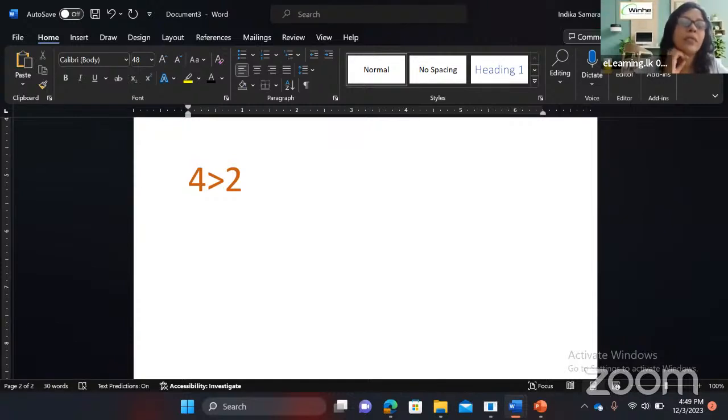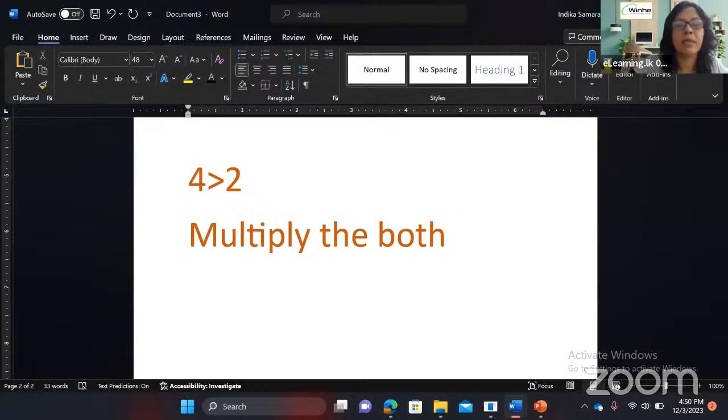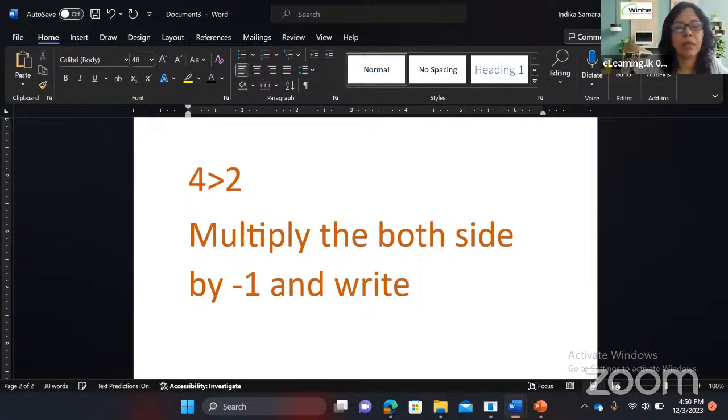Multiply both sides by -1. Write the answer.